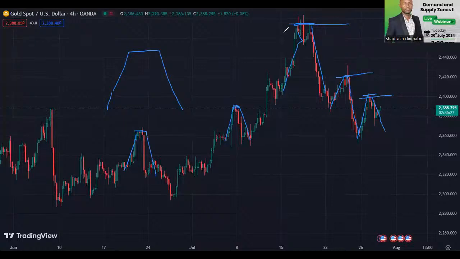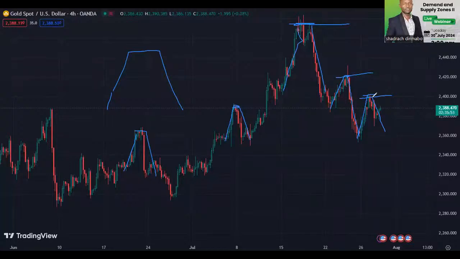And these supply zones are valid because they have not been broken. This one is still valid. This other supply zone is still valid. And this other supply zone is still valid. So you can see that based on the formation, it is very easy to identify the supply zone. Now you understand the demand and supply zone formation, how it is formed.